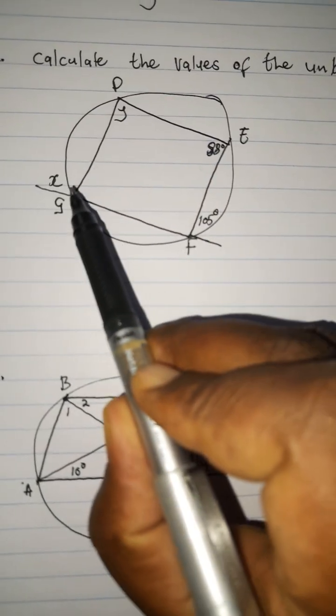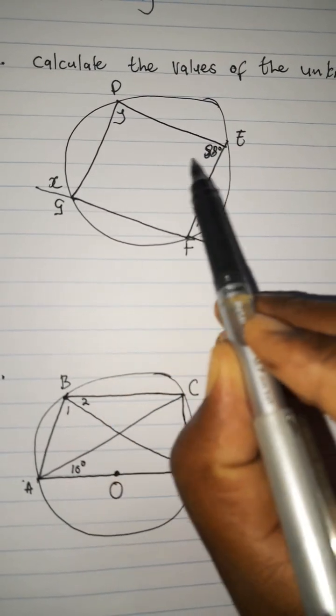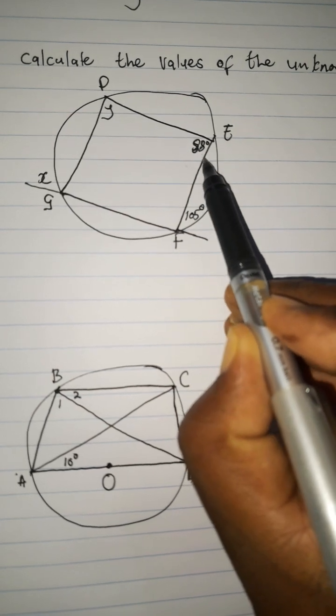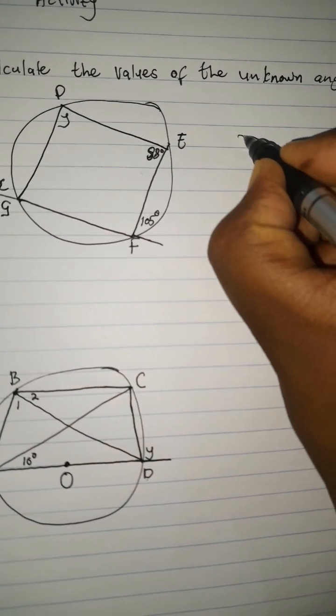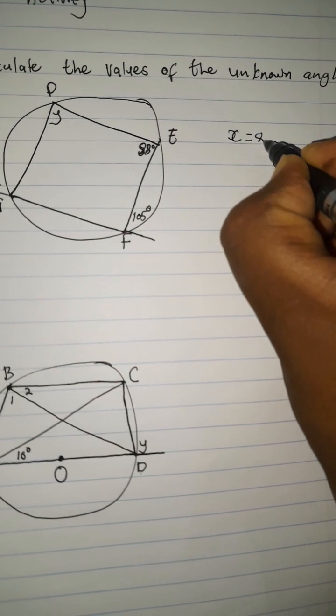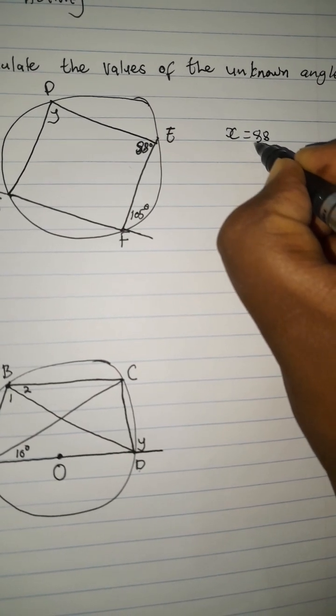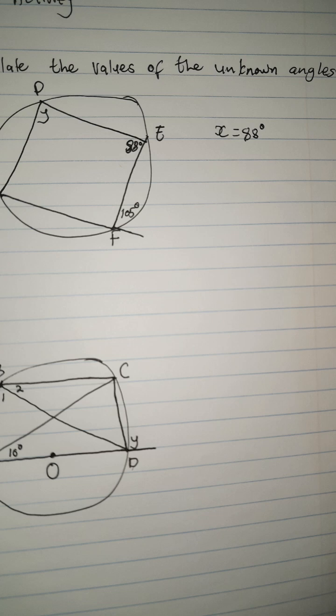We could see that this x is an exterior angle and is equal to this interior opposite angle, which is 88 in this case. So when you write here, your statement should be x is equal to 88 degrees.